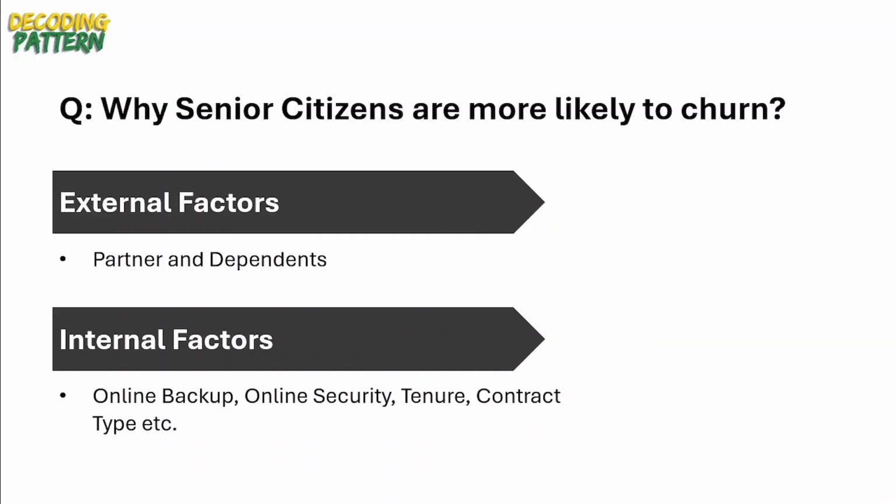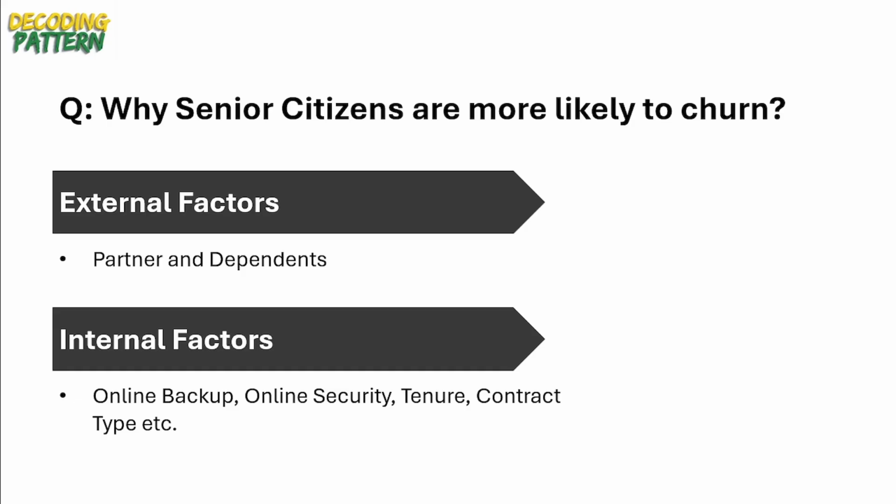So in this video, we are going to see why senior citizens are more likely to churn, and there are some external factors and some internal factors. Whether a senior citizen has a partner or dependents, that's a completely external factor that we cannot control by ourselves.